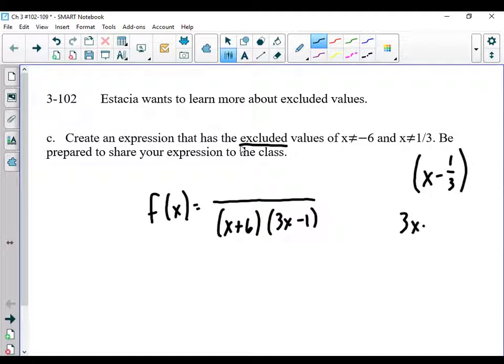Because if 3x minus 1 were equal to 0, that means x would equal that 1/3 that they said was an excluded value. So as far as the denominator, we'd want something like that. The numerator, you could have put different things up there. Probably the easiest thing is just throw a 1 up there. But the excluded values would be just focusing on those factors in the denominator.